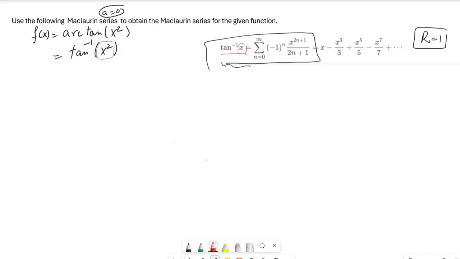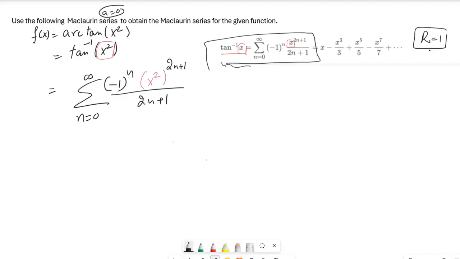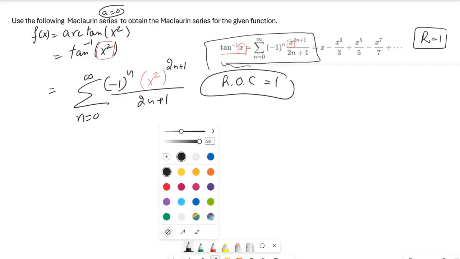In place of x, we need to replace x square. So that should be sigma n from 0 to infinity, negative 1 power n by 2n plus 1. But wherever there is x, we are going to replace that by x square power 2n plus 1. And the radius of convergence of this should also be equal to 1.